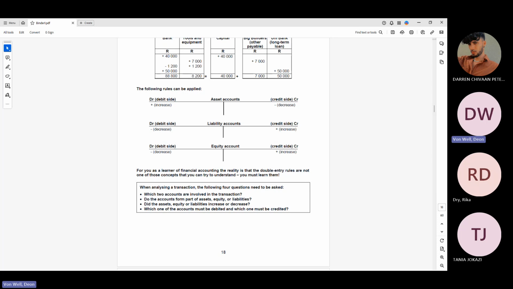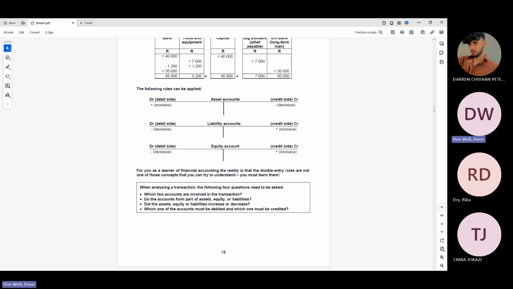So when I buy a new vehicle, I'm going to record it on the debit side of the vehicle account, because vehicles are assets. When I purchase a vehicle, I will record that purchase on the debit side of the vehicle account because it is increasing. Assets increase on the debit side.